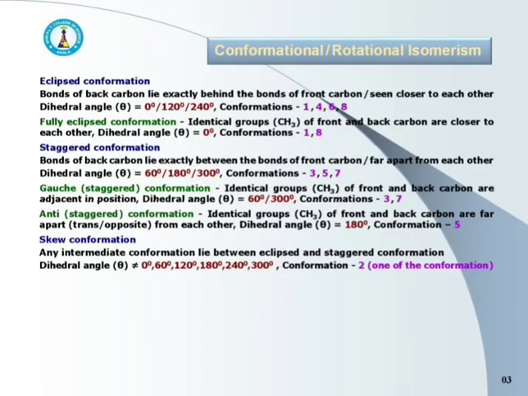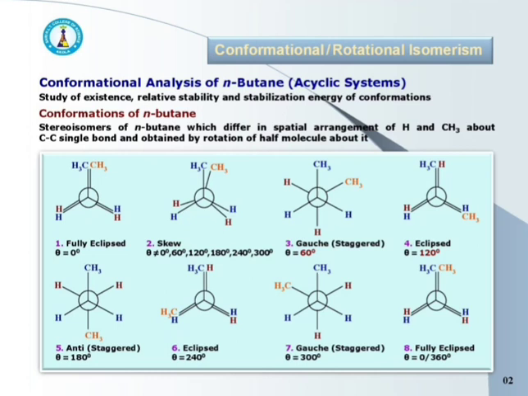Now here we have to keep in mind the eclipse conformations in which identical groups, that is CH3 of back and front carbon atoms, are close to each other, are specially called fully eclipse conformations. Out of 1, 4, 6 and 8, conformations number 1 and 8 are fully eclipse conformations.